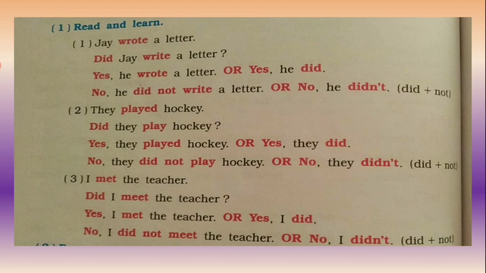In affirmative, yes, they played hockey. And then in negative, no, they did not play hockey. Next example, I met the teacher. Did I meet the teacher? Yes, I met the teacher. It's an affirmative. Then in negative sentence, no, I did not meet the teacher.